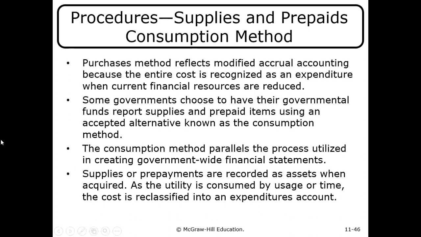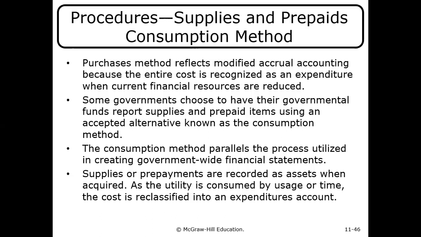Then there's the consumption method. So the purchases method is the modified accrual accounting, because the entire cost is recognized as an expenditure when the current financial resources are reduced. Some governments, though, choose to have their governmental funds report supplies and prepaid items using an accepted alternative known as the consumption method.